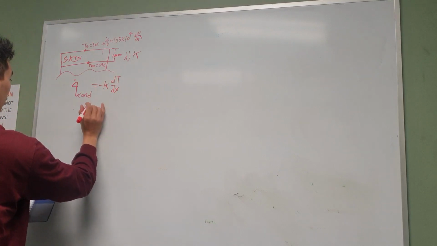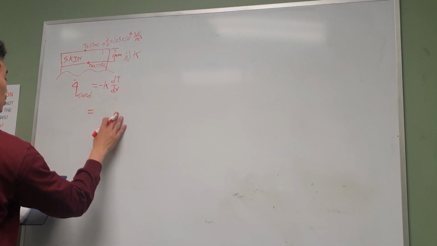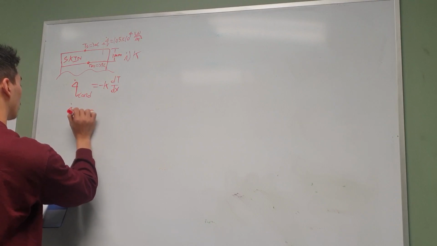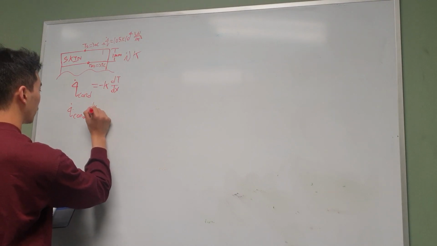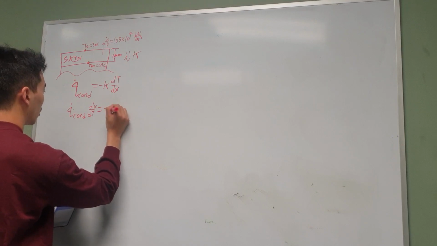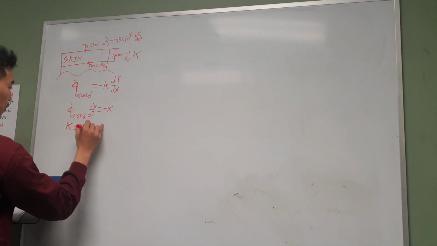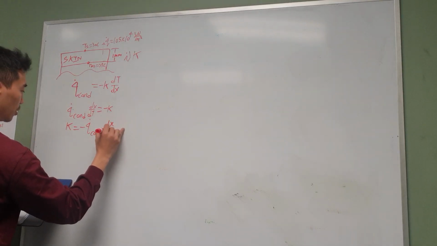We can rearrange it for K. So Q conduction dx over dT will be equal to negative K, giving us K equal to negative Q conduction dx over dT.